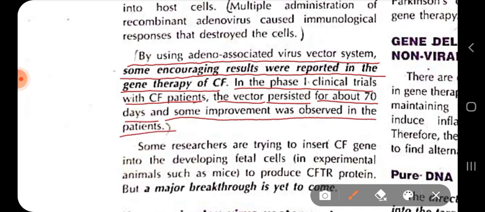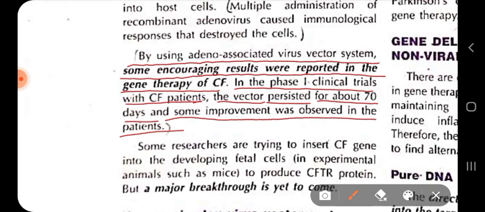So, by using the adeno associated viral vector system, we can introduce our target gene. Here the target therapeutic gene is CFTR gene into the patient, and it is employed by using two plasmids with an adeno associated virus. And in the phase 1 clinical trial, it has been observed that such improvement observed among the patient because the virus remains stable for a long time.